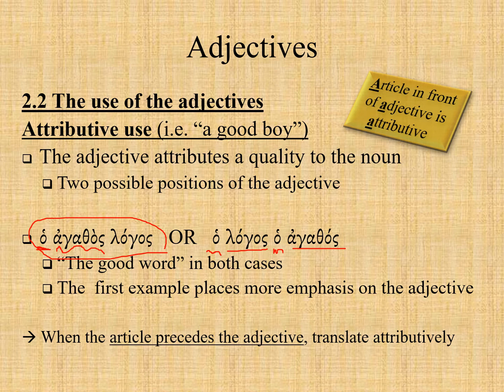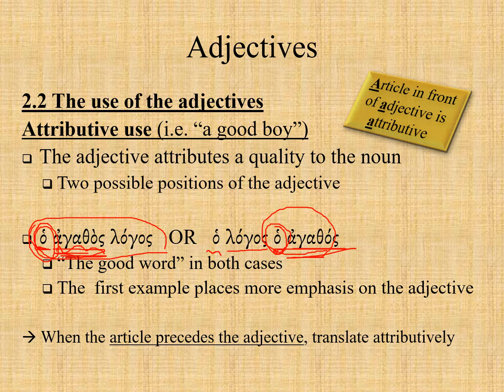It's what I call the AAA slogan. Article in front of the adjective is attributive. So whenever you see an article in front of an adjective, whether it's this way or here, the article in front of the adjective, you would always translate it attributively.